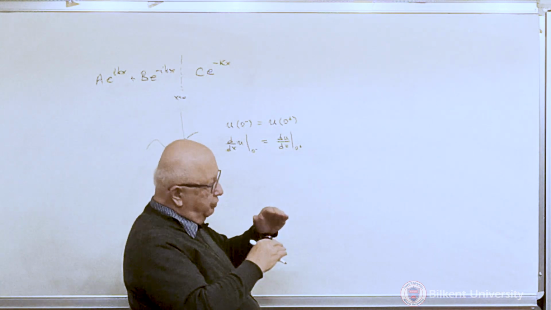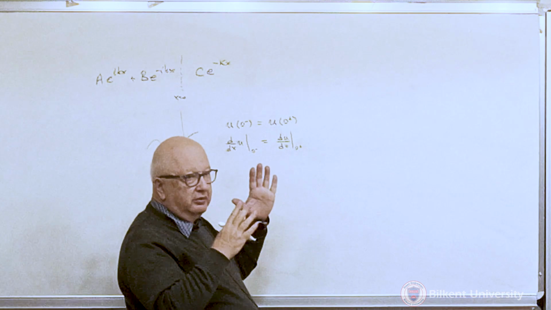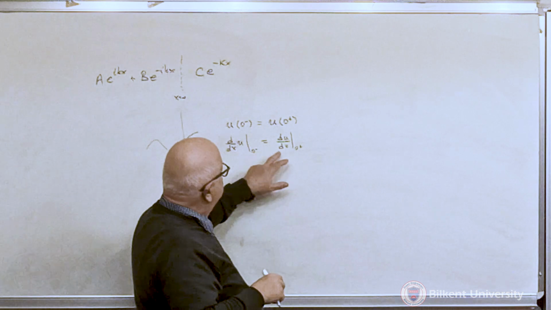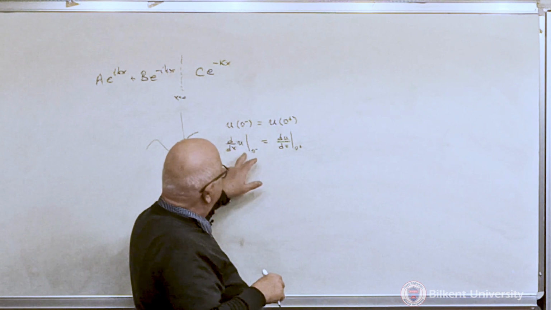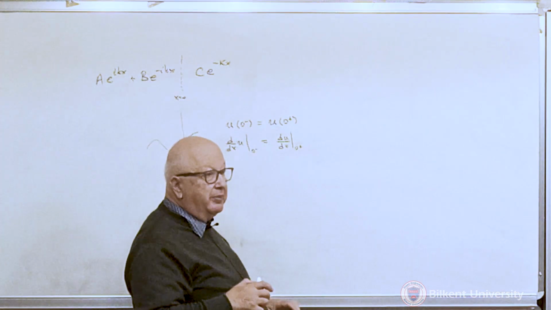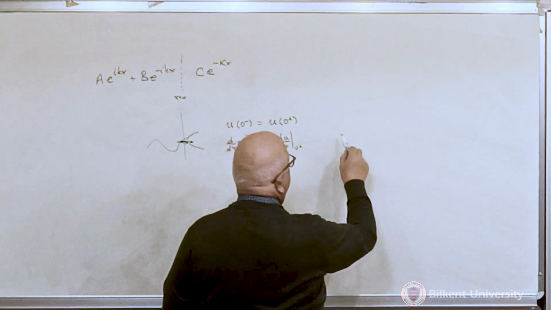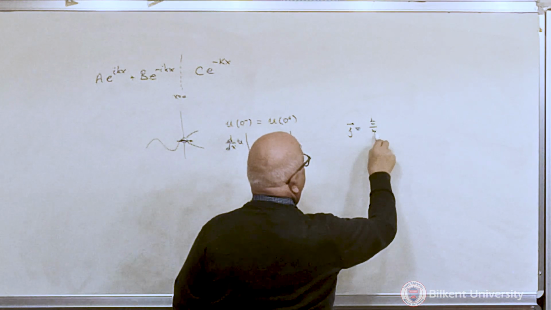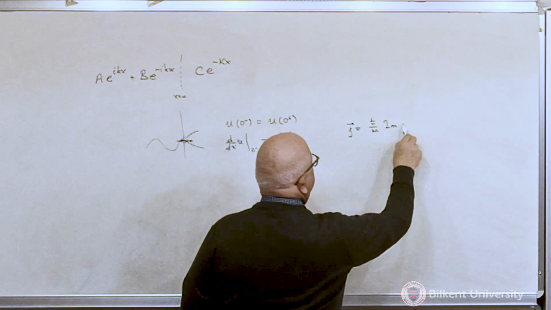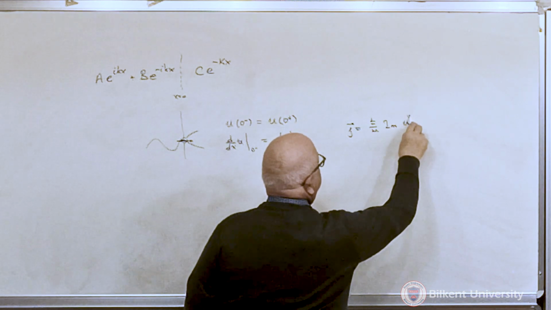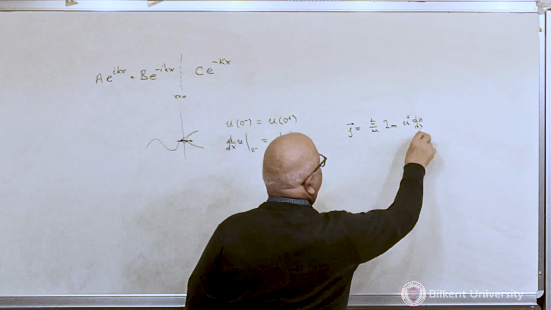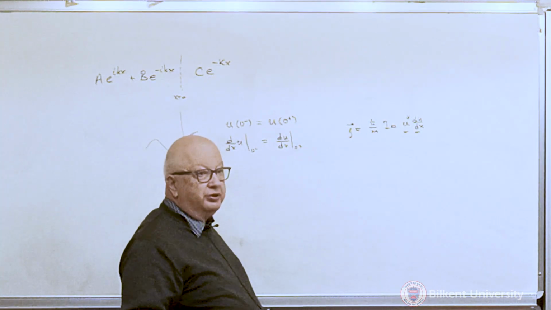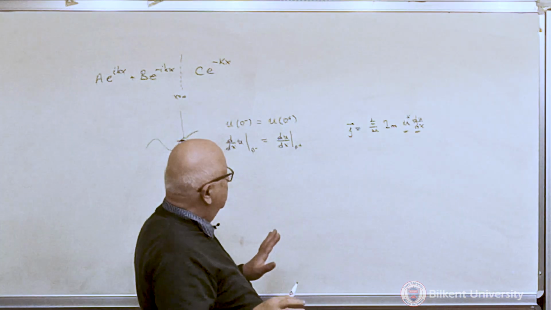If you don't make the function continuous, then you are going to have a jump there with a gigantic derivative, which will mess things up. But if you have u and its derivative matched at the boundary, then remember what the current is. Current is h bar over m, imaginary part of u star du dx. If you make u and its derivative continuous at the boundary, you are okay.